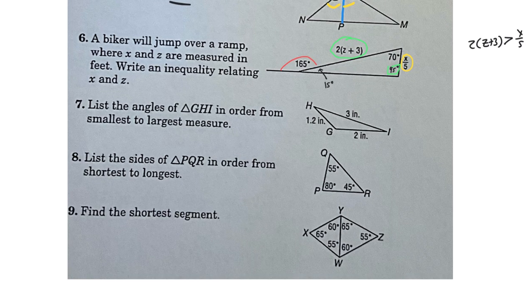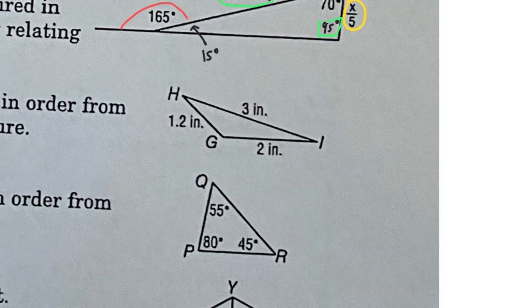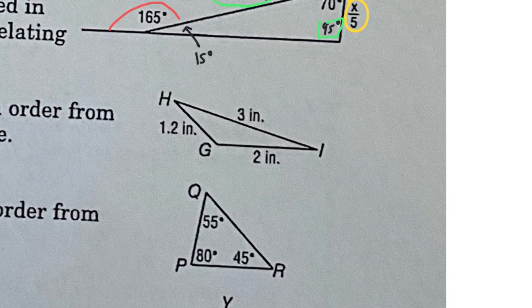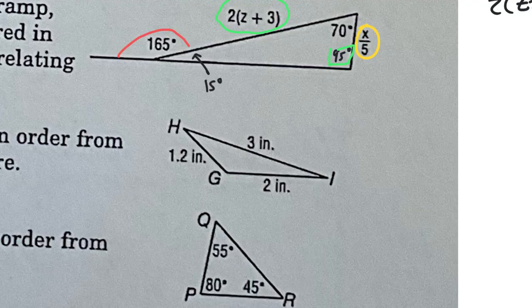List the angles in order from smallest to largest. I mean, obviously, come on now. The smallest one we'll call S, the medium one we'll call M, and the largest one we'll call L. How about that? So, smallest one, well, that's this one.